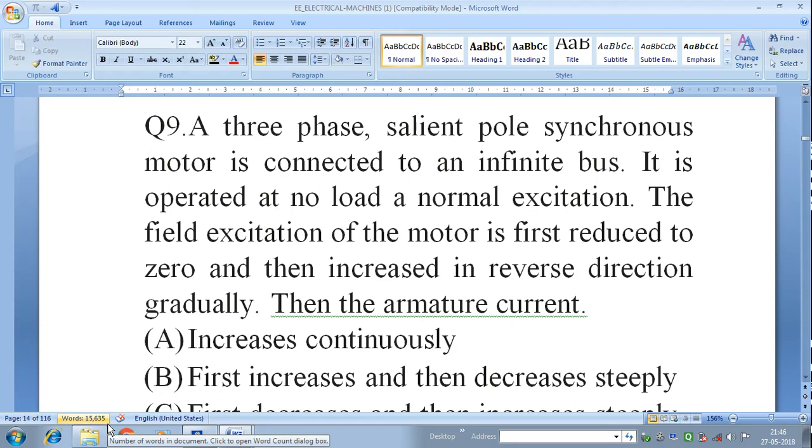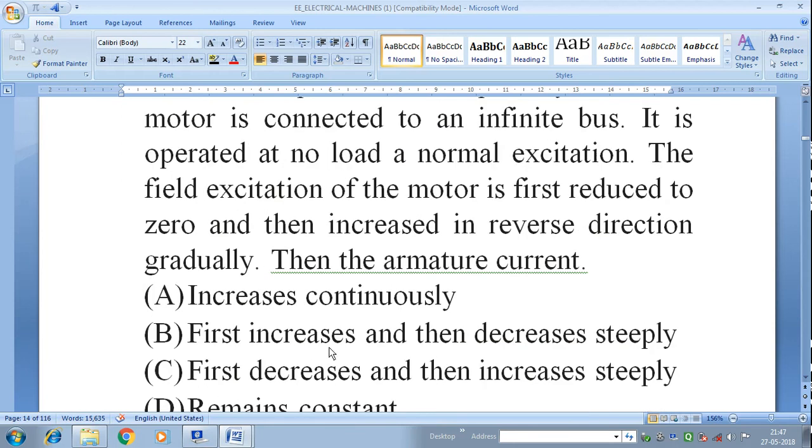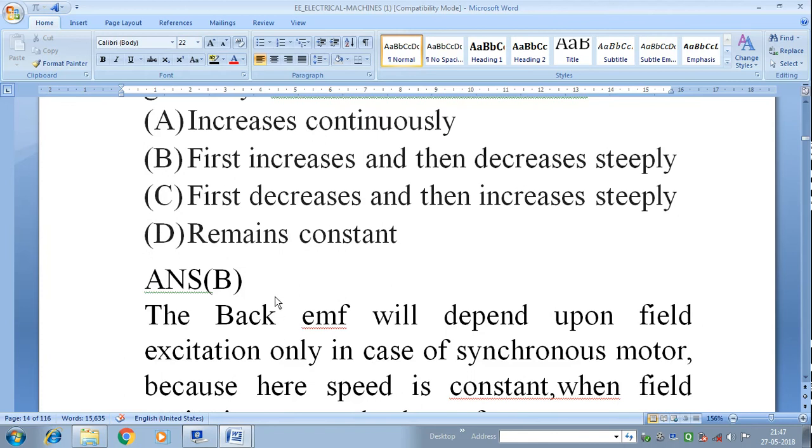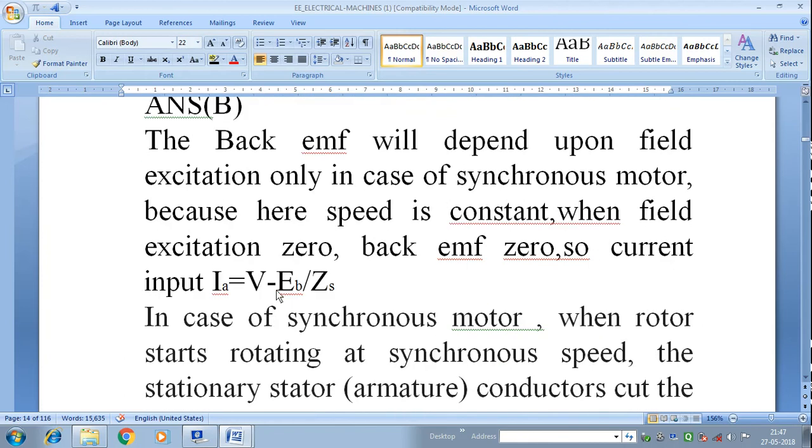So as EB is zero, therefore first the current increases. This you can find out from the solution. IA is equal to V minus EB by ZS, synchronous impedance. So as EB is zero, IA increases.